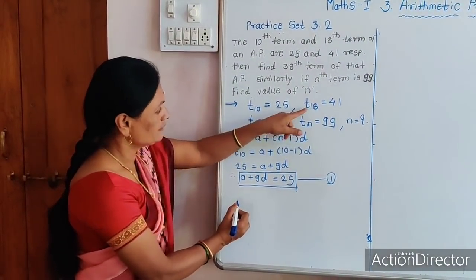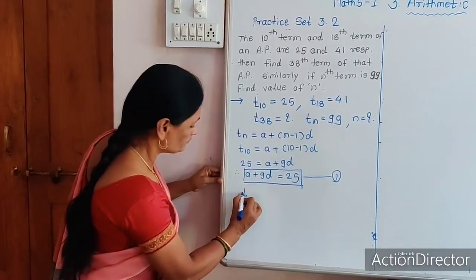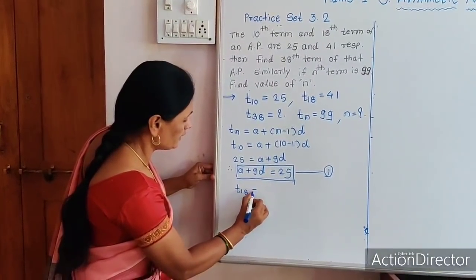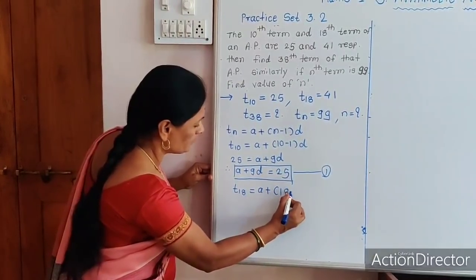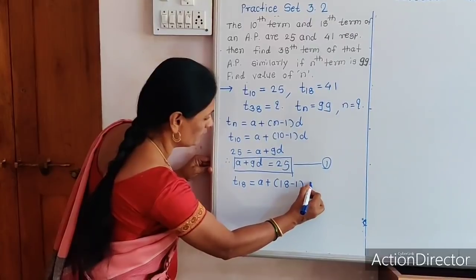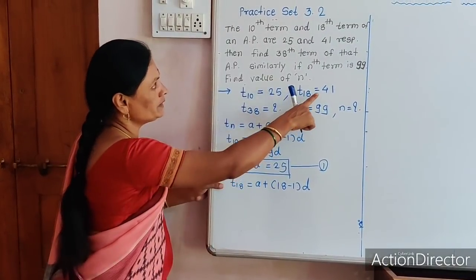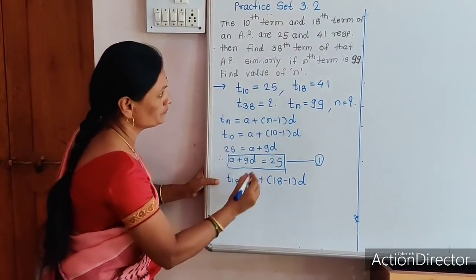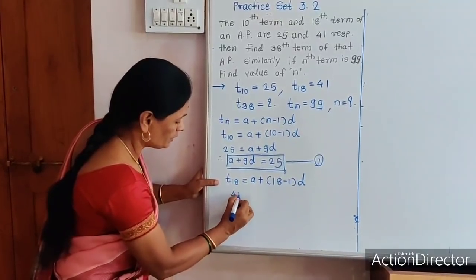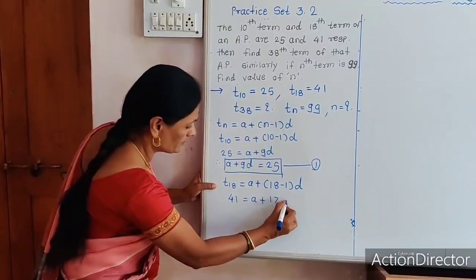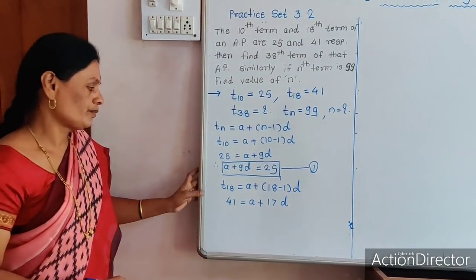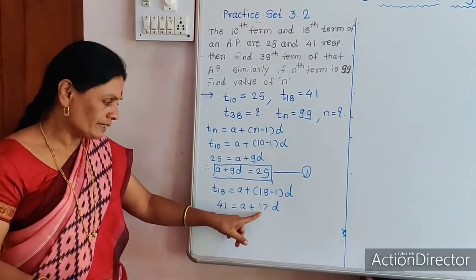From the second, T18 is equal to A plus 18 minus 1 into D. The value of T18 is 41. 41 is equal to A plus 17D. 18 minus 1 is 17.